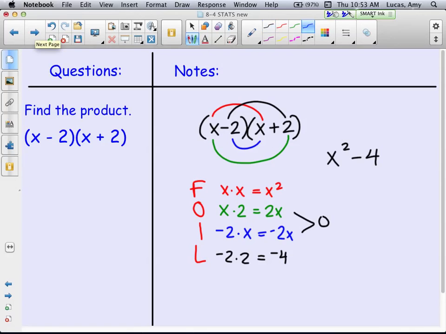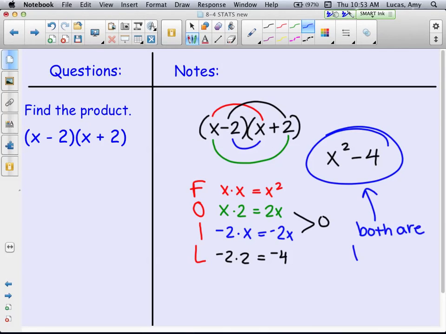Now remember how we said that this pattern was called a difference of squares? Both of those terms are perfect squares, and they're being subtracted, which is why it's called difference.